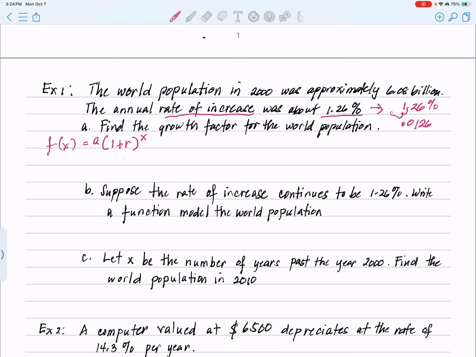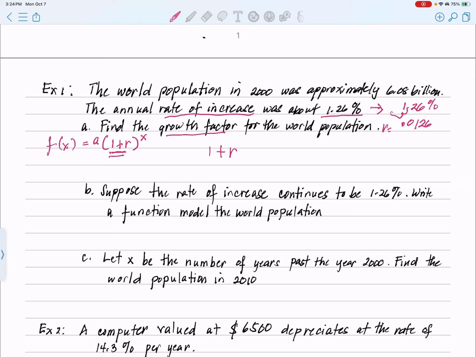Where can we get the growth factor? The growth factor is here in the formula. It's 1 plus r, our rate.